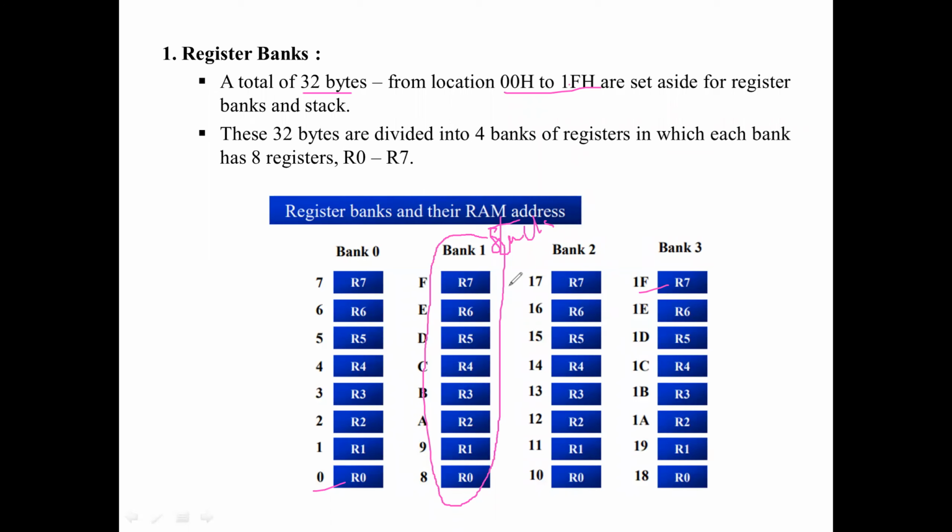If any restart occurs, all the register values will go to 0. So you can write by your own that it has 4 banks, each bank has 8 registers, R0 to R7, totally 32 bytes.